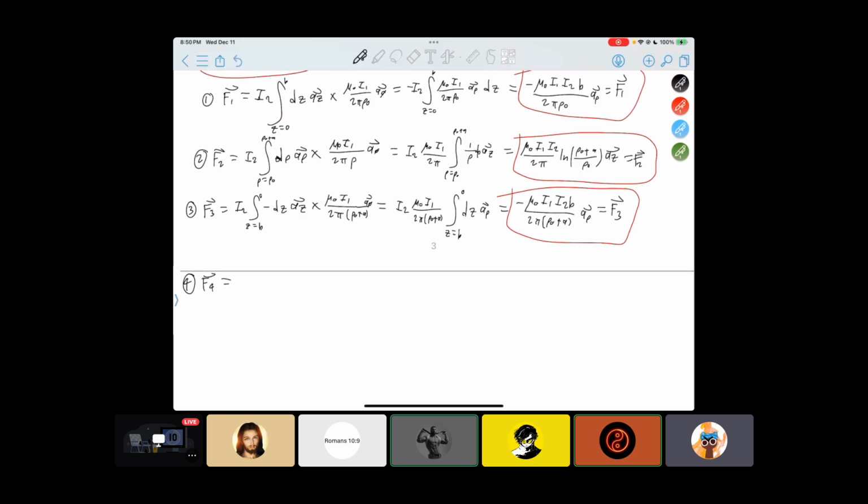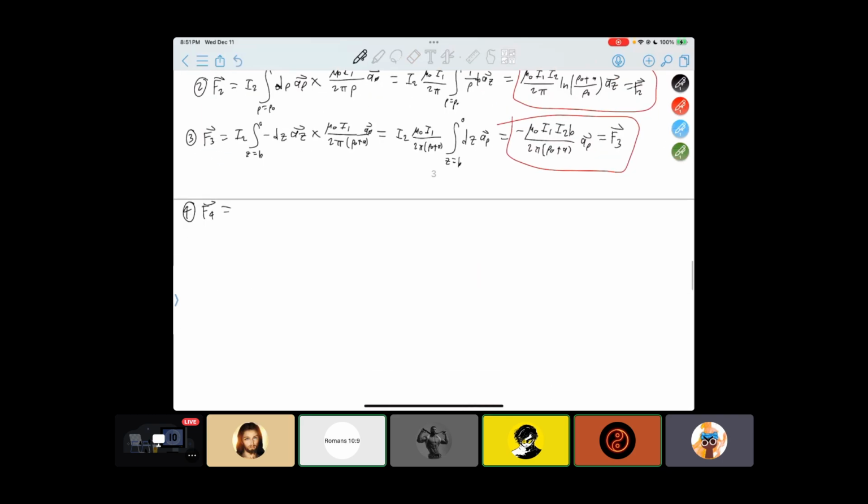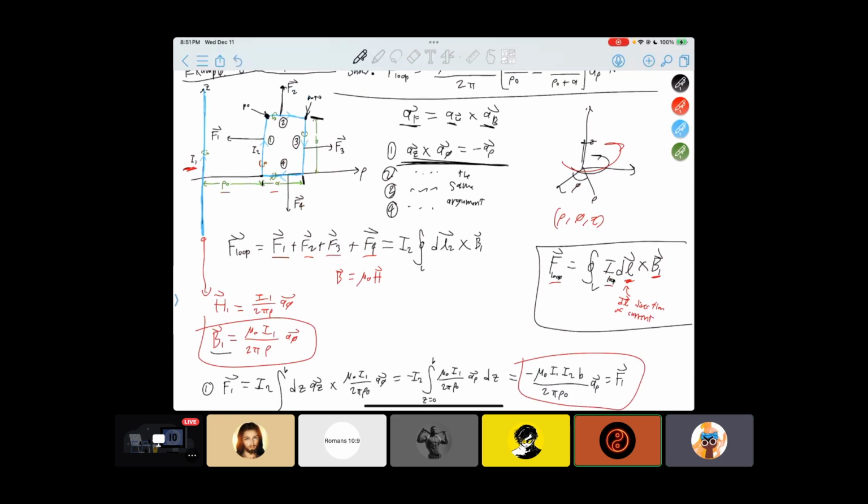Our boundary conditions when we're integrating over this line are from rho naught plus a to rho naught, because we're going backwards, to the left hand. At the biggest part, we're starting from rho naught plus a, and then we go to rho naught.